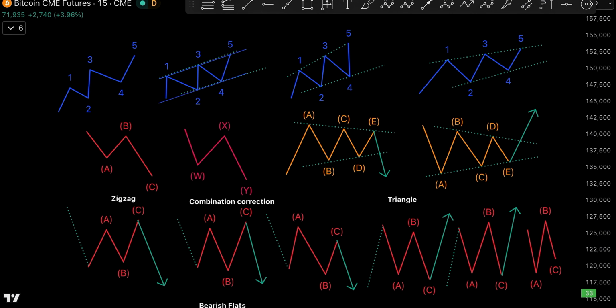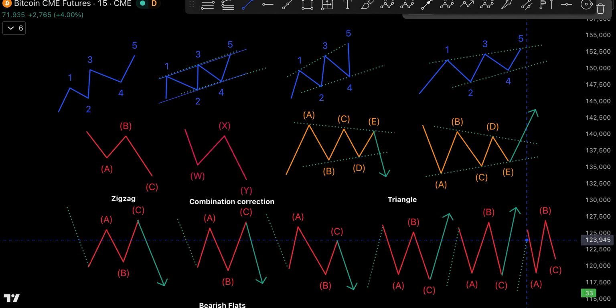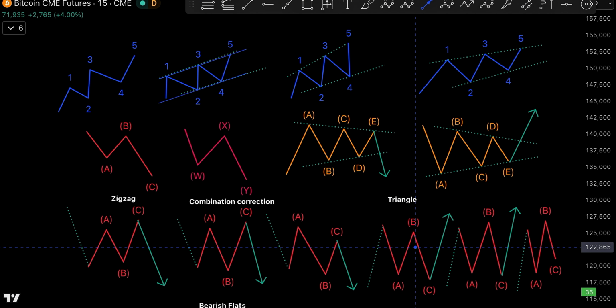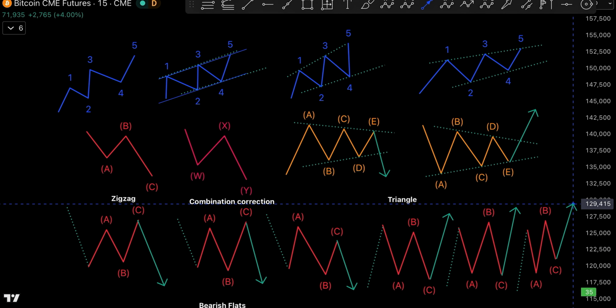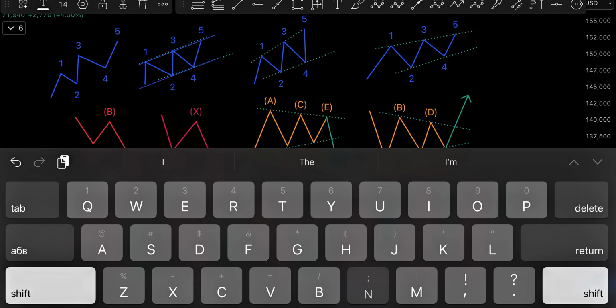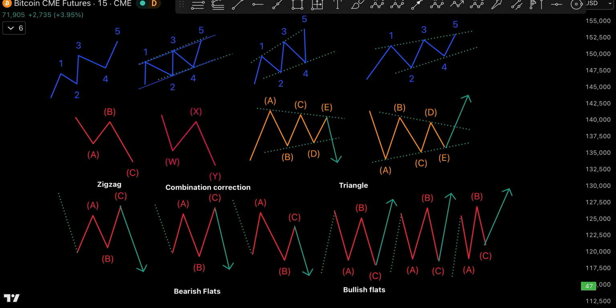So since this is a bullish structure, we still move from the down to the up, then get into this range, ABC, and then the price goes towards the upside. So these are bullish flats.